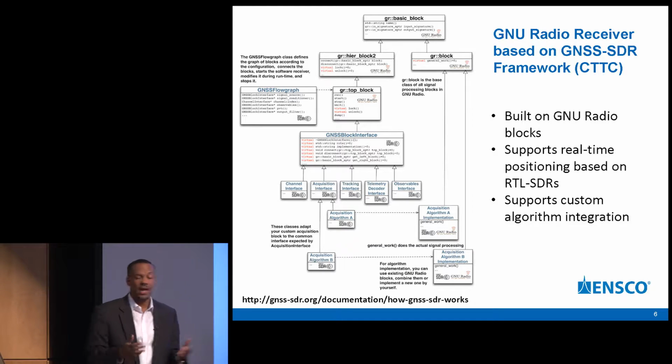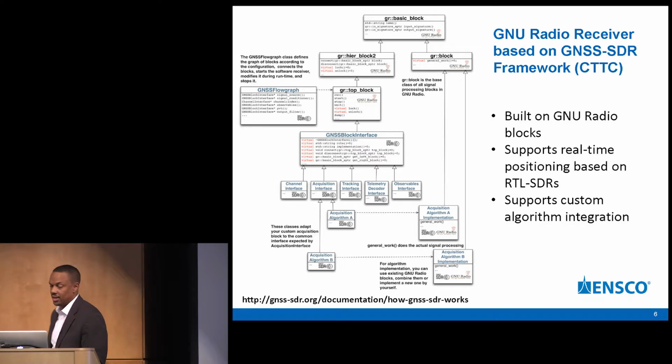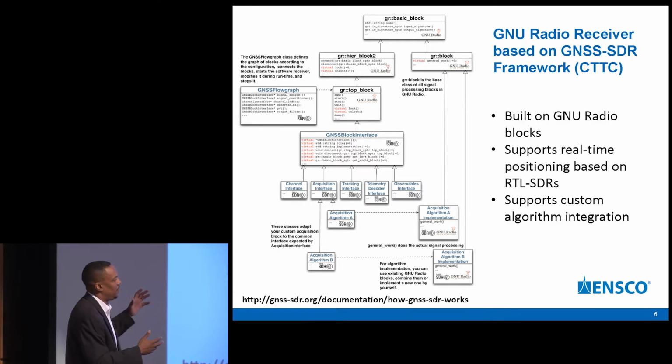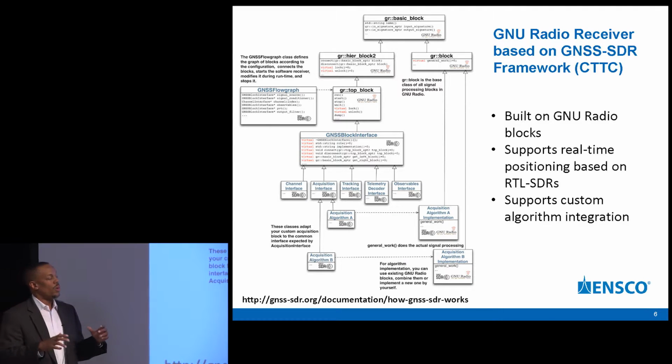For a GPS receiver, you have to synchronize, and you have to demodulate the information in order to find your position. And so with this, I thought this was a great framework to start off with, to see if I can use this to show the capability of what we can do from an algorithms perspective with GNU radio.